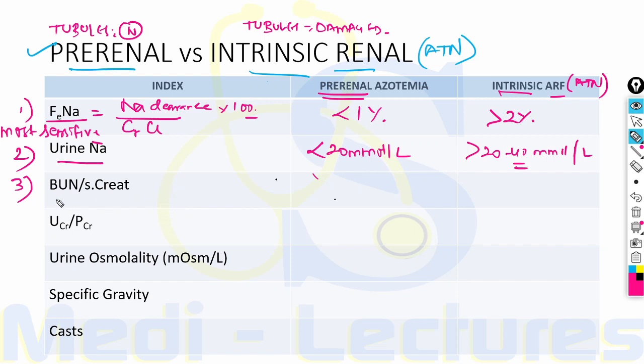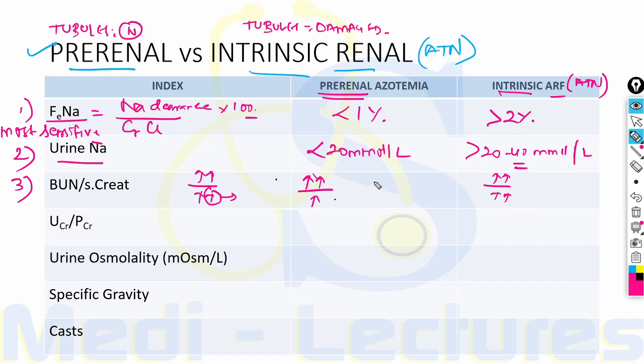So when we consider the blood urea nitrogen upon serum creatinine, in pre-renal, there will be decreased serum creatinine since it is tubular secreted from the kidneys. On the other hand, this will remain unchanged in cases of intrinsic.